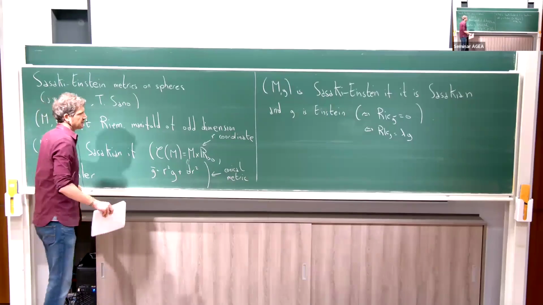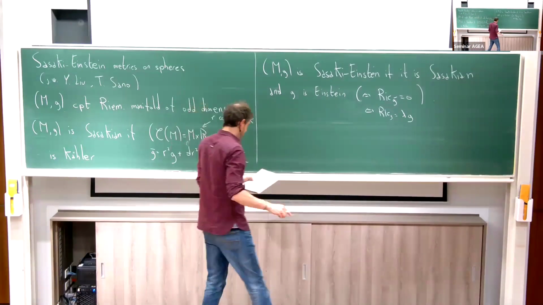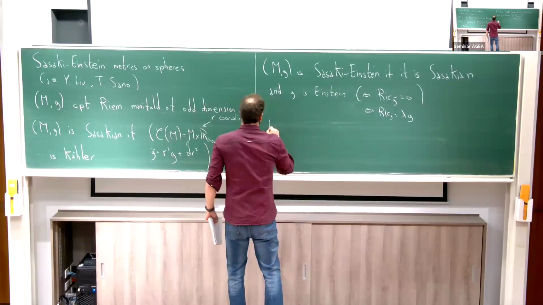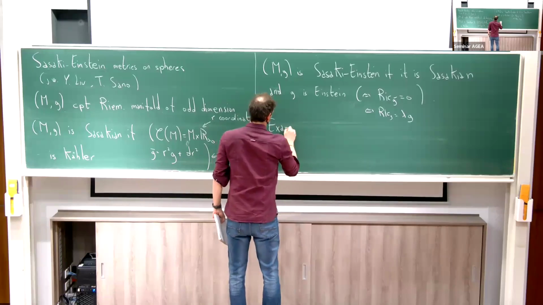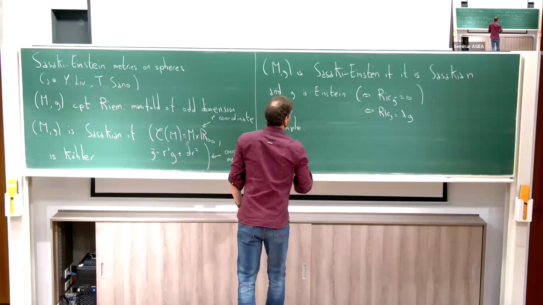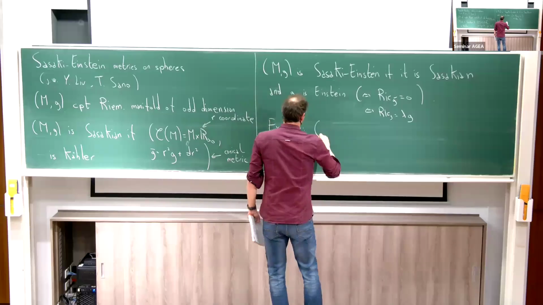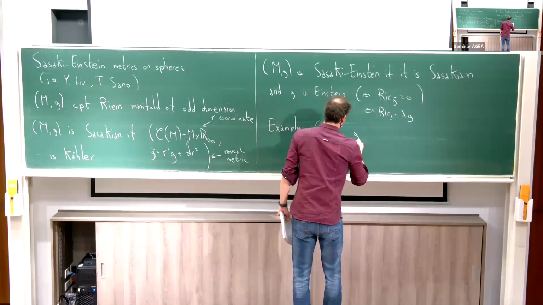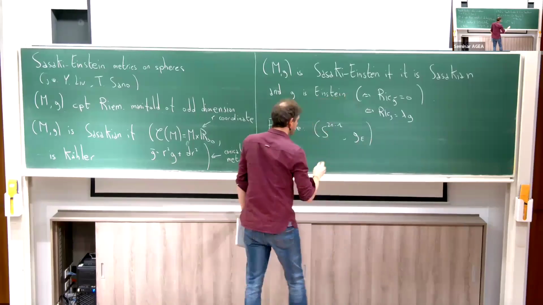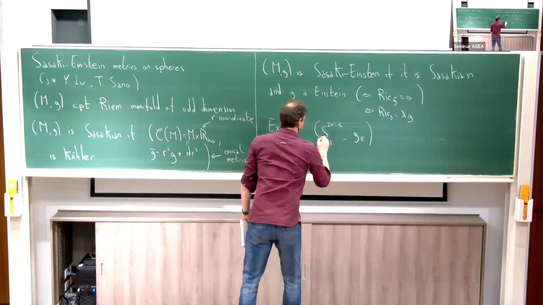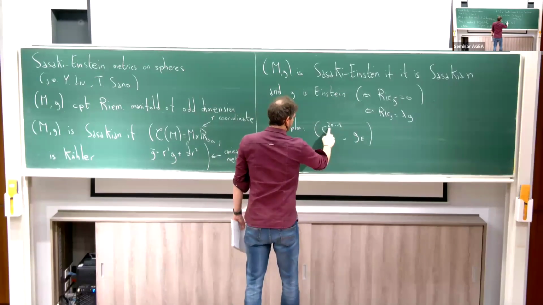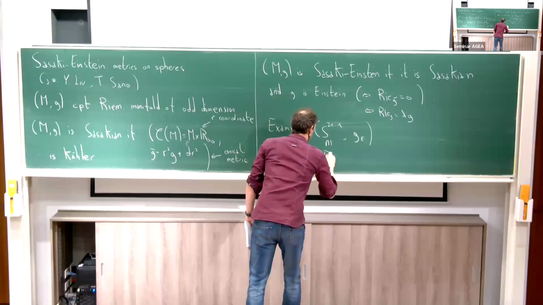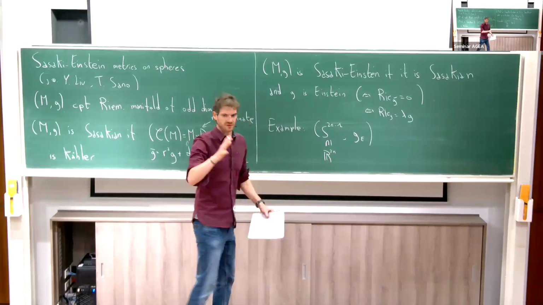So for instance, the easiest example is just the sphere, with the Euclidean metric. So when I say S^(n-1), this is really just the sphere in R^n with the induced metric.